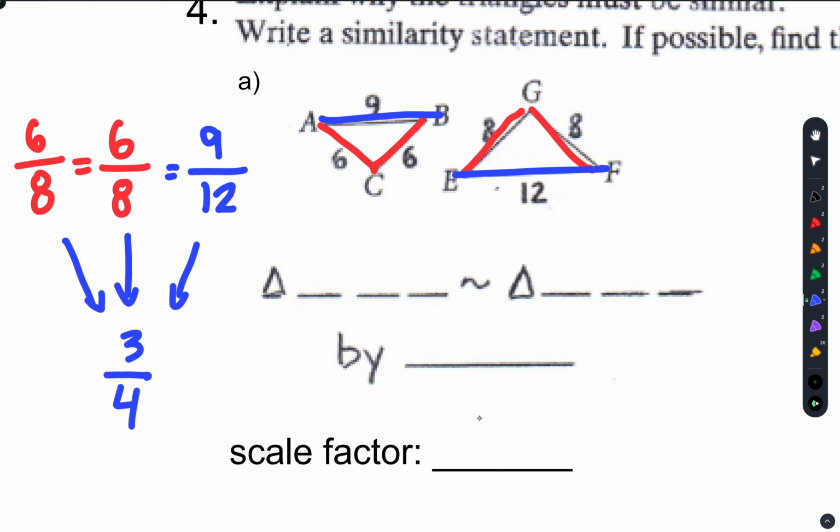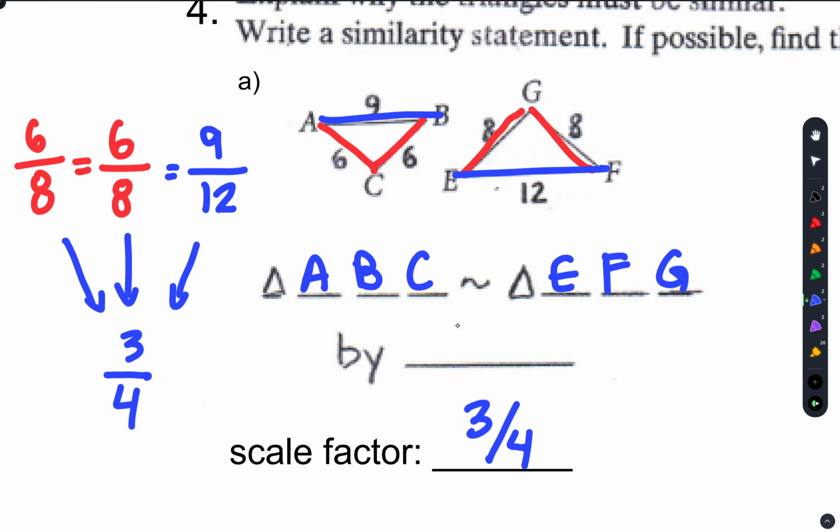They reduce to that scale factor, aka similarity ratio. So I will literally just be able to say triangle ABC is similar to triangle EFG by SSS similarity. That's all I'm doing here. Questions on that?